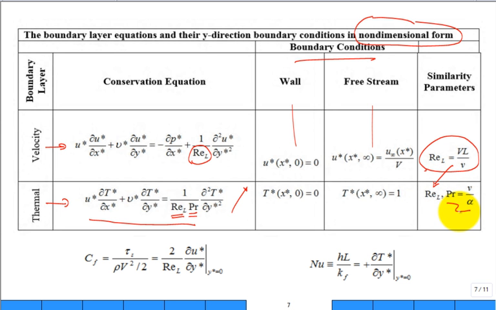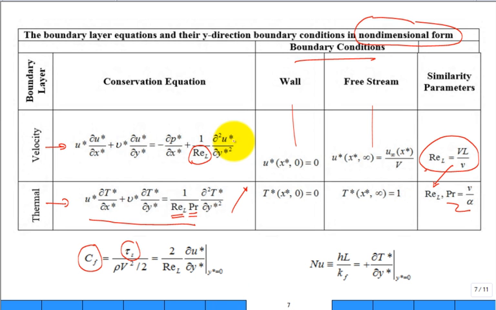If you can solve for the dimensionless conservation equations, you can then express the skin friction coefficient, what we're really interested in to help us predict drag force, as 2 over the Reynolds number times the derivative of the dimensionless velocity at the wall. At the wall.